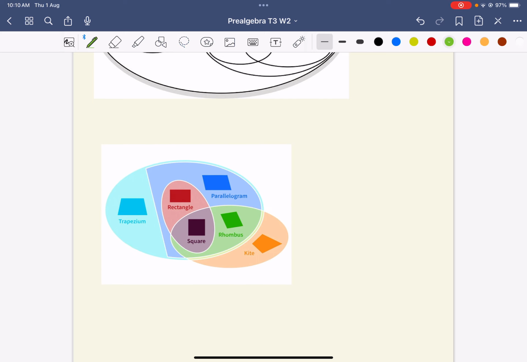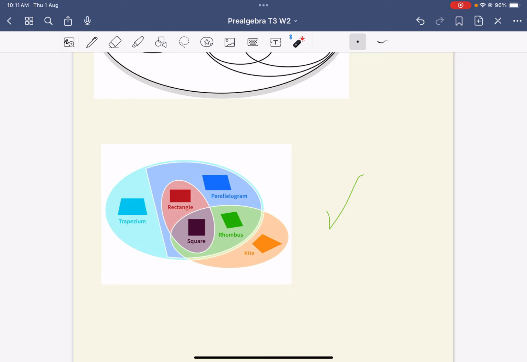So what I was saying was that a square, for example, is inside this rectangle. That means all squares are rectangles. Similarly, rectangles are in this big square for parallelograms. That means all rectangles are parallelograms. And parallelograms are inside the one for trapeziums. That means all parallelograms are also trapeziums.